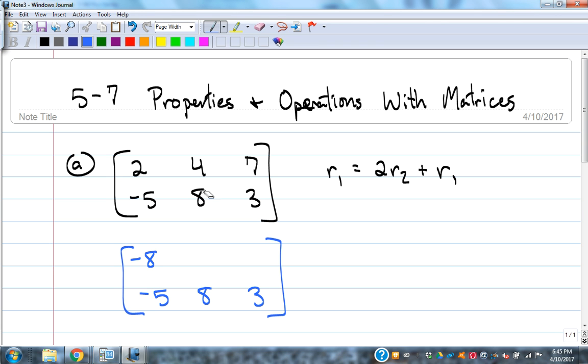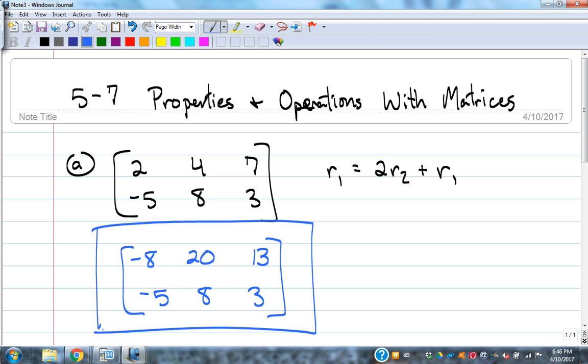And then we look at this one and it says 8. 8 times 2 is 16. 16 plus row 1, 4, is 20. So that's what goes there. And then 3 is in row 2. We double that. 6 plus row 1. 6 plus 7 would be 13. And that's the answer.